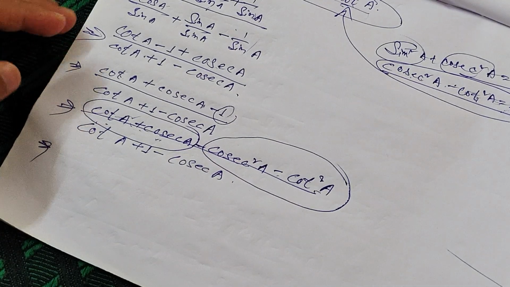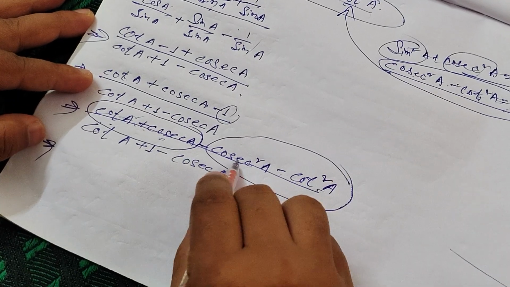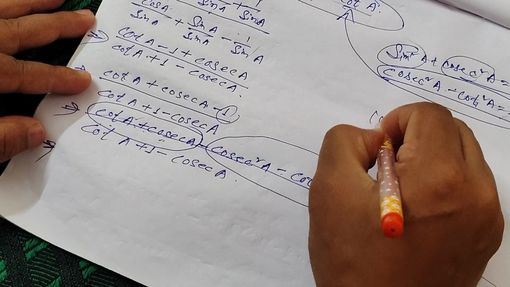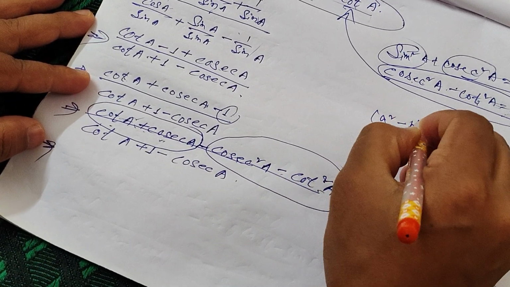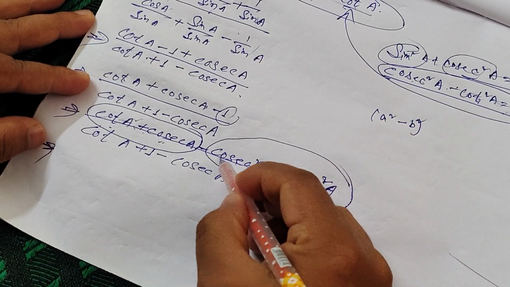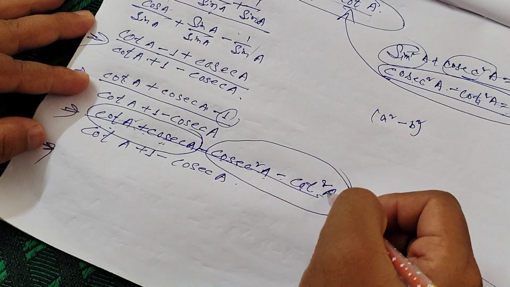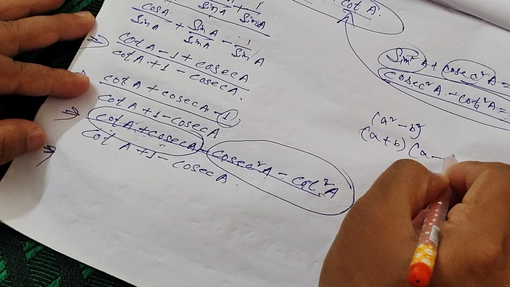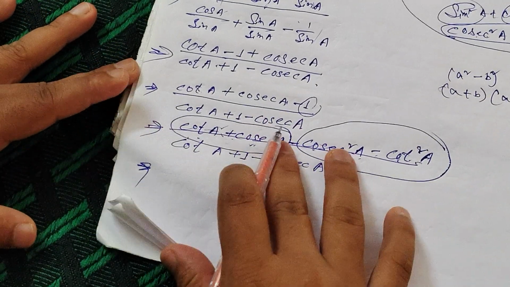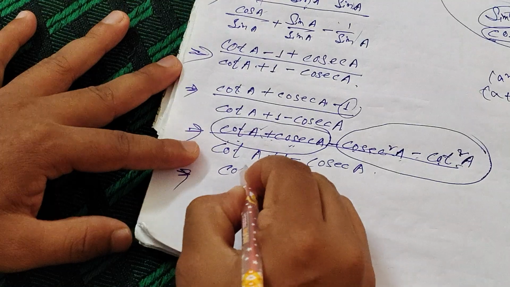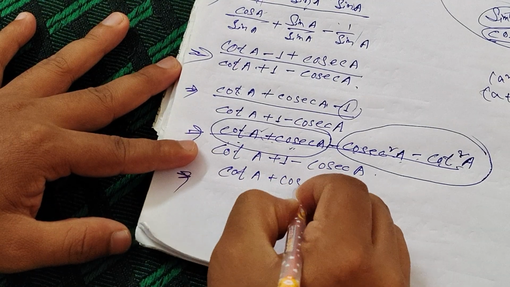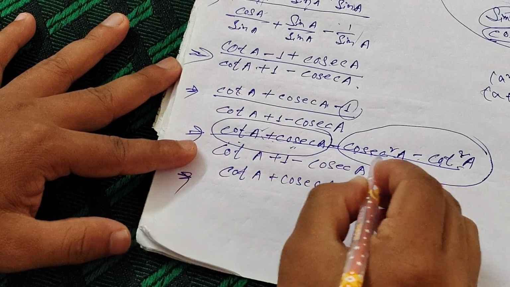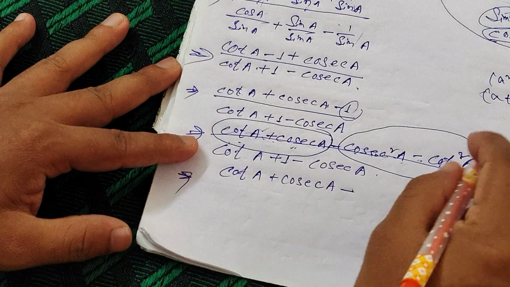At first, before doing this, you can see there is one identity: a square minus b square. Here, this is a square, this is b square. What is the formula of this? a plus b, a minus b. Clear? At first do this: cot A plus cosec A minus, a square minus b square is a plus b into a minus b.